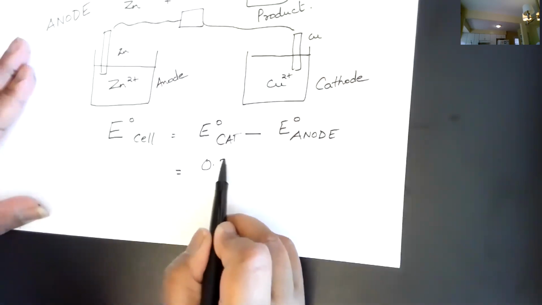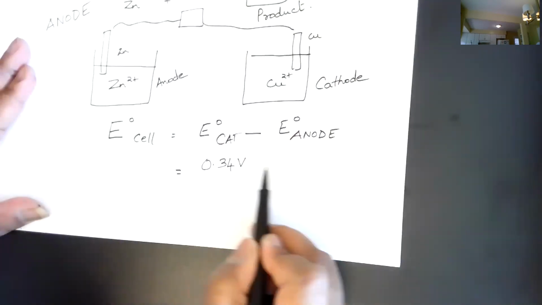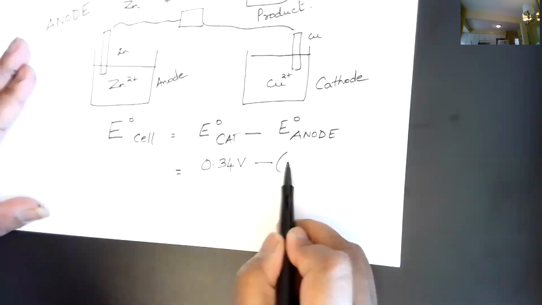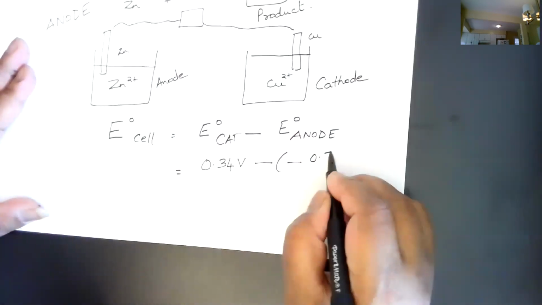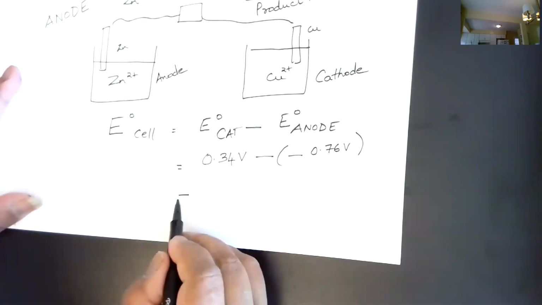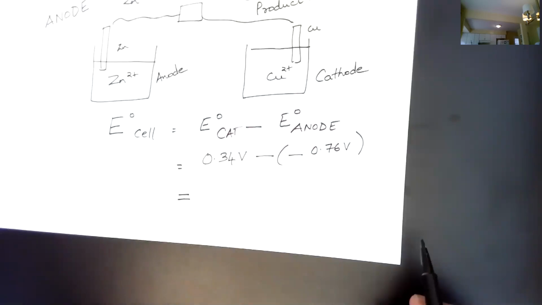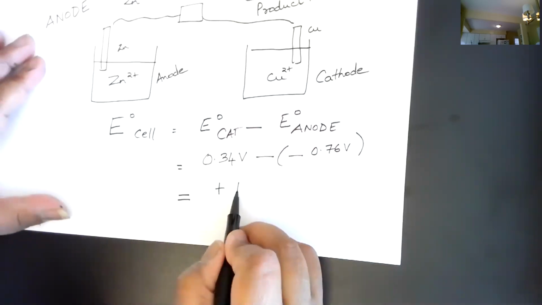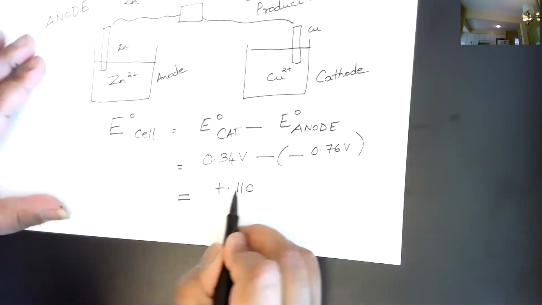This is 0.34 volts minus negative 0.76 volts. Now, does that give you a positive number?